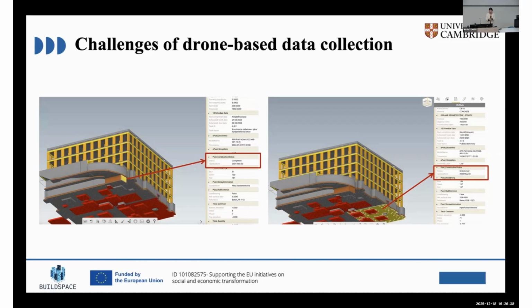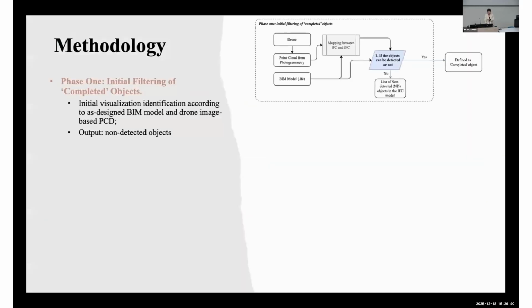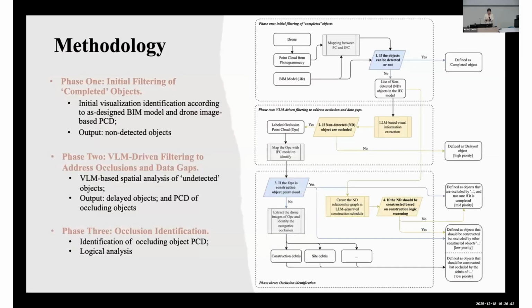So we want to continue working on this question, and we developed a visual language model driven approach to check the occlusion: whether the delayed object is really delayed or it is occluded or not. And after we confirm that, for example, it is occluded by other elements, what are the occluding elements?